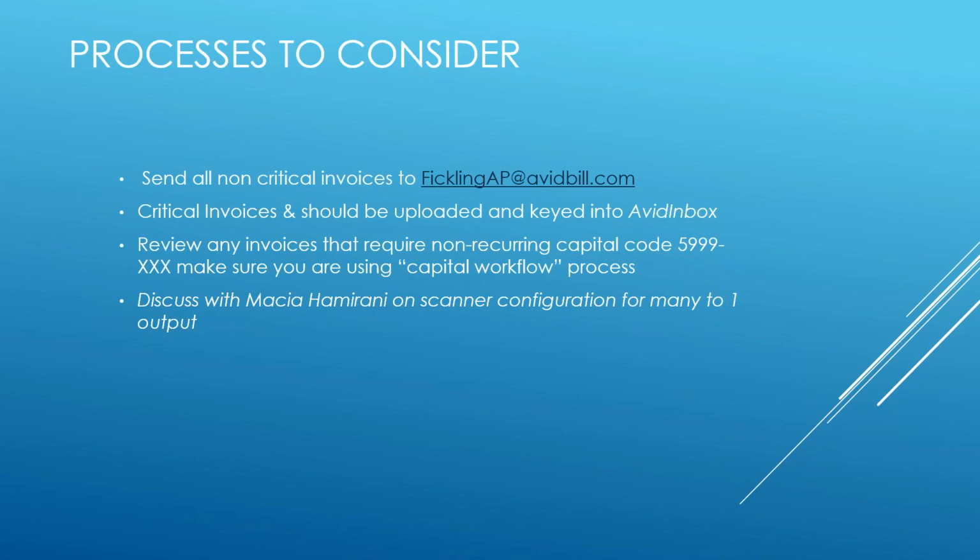Once you get the approvals back from Jackie, keep that in a folder in your Outlook, make it like a capital approvals folder on your system, and keep that approval sitting there until the invoice comes in.